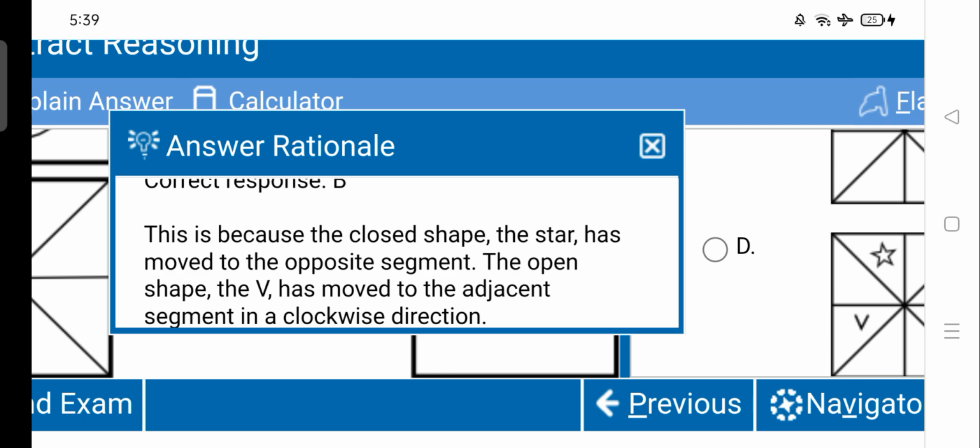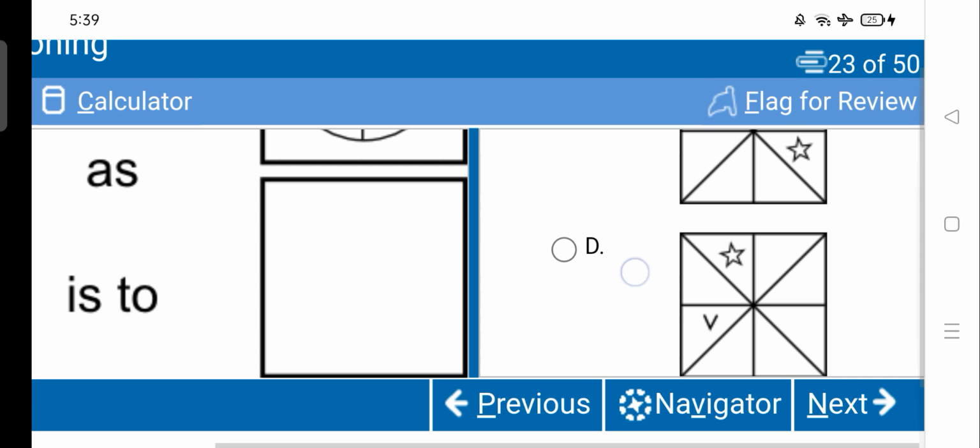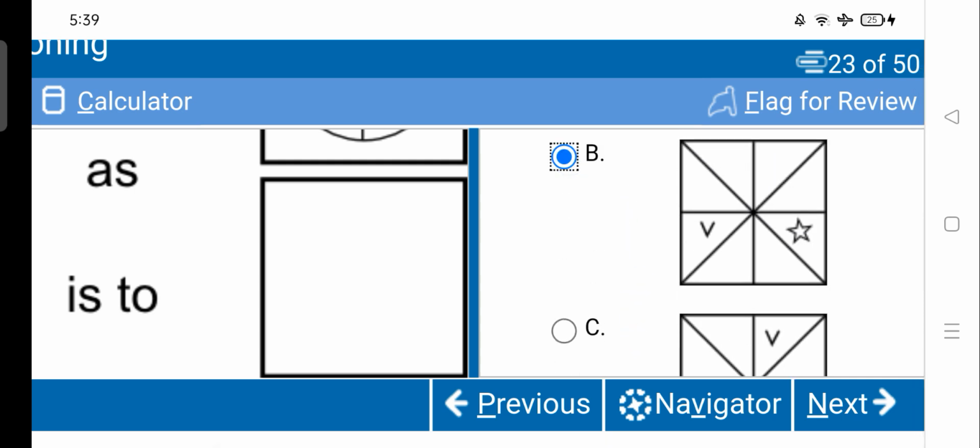The open shape, the V, has moved to the adjacent segment in a clockwise direction. So the correct response we have is option B. This is the set of shapes that comes next.